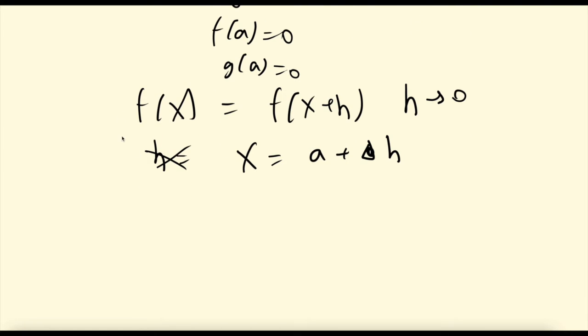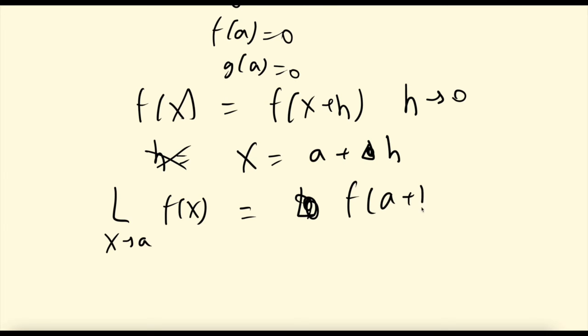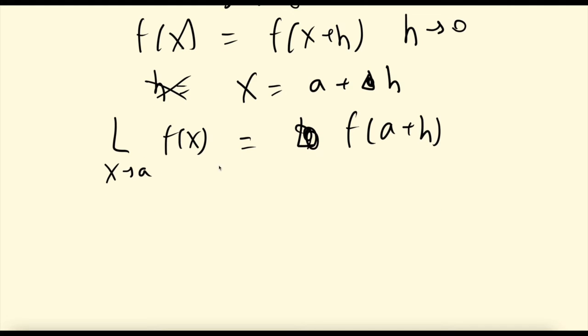Okay, so we can write limit as x tends to a, or we can just directly write it as f of a plus h. These both are basically the same thing.